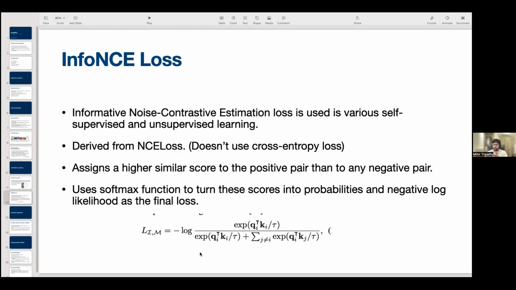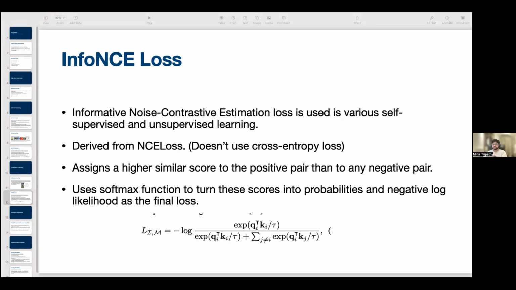Just to explain how this makes sense, the numerator, the exponent of Q of I times K of I, will tell us how similar the data is, so how similar the embeddings of image and other modalities are to each other, divided by tau. Tau is the temperature.